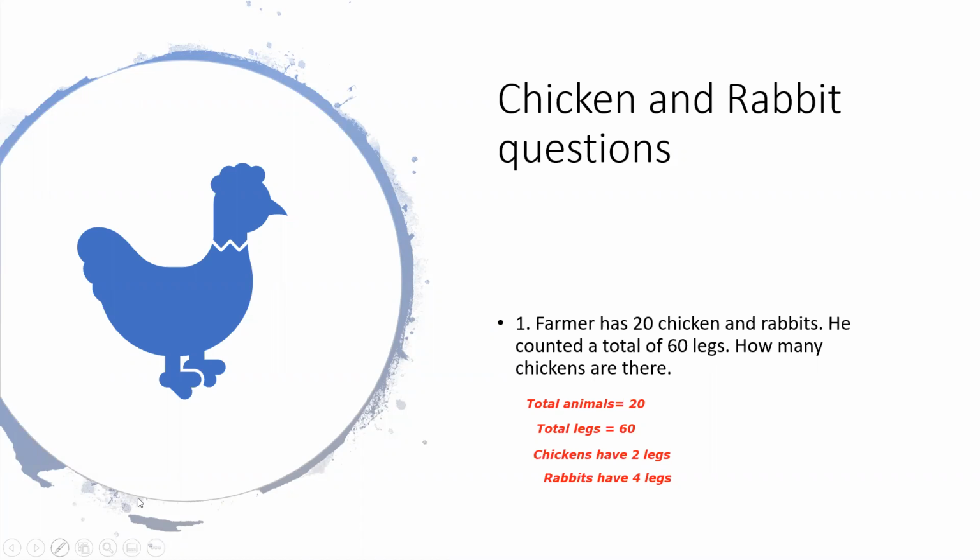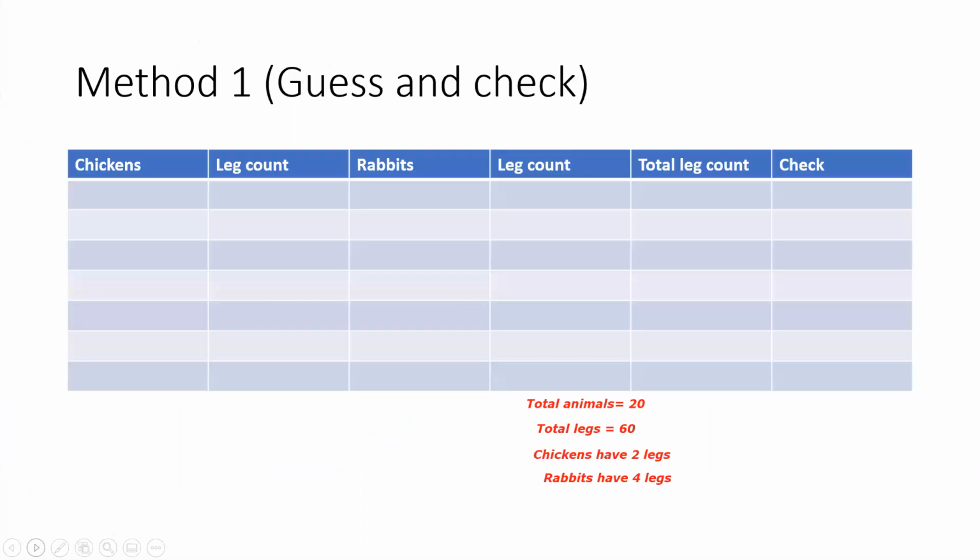All right, so let's go into it. Method 1 for solving is guess and check. These things will be at the side to help us. Guess and check basically means guessing a number and checking if it's correct. So let's say there are 8 chickens.